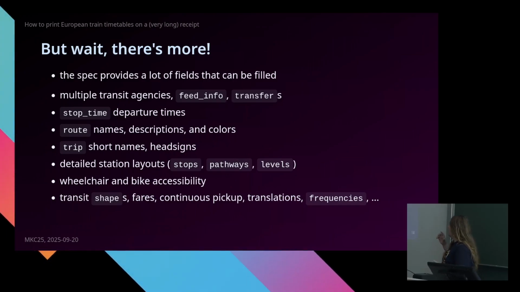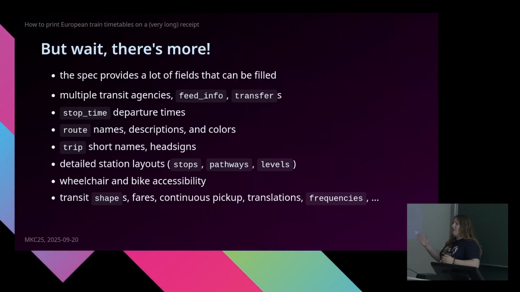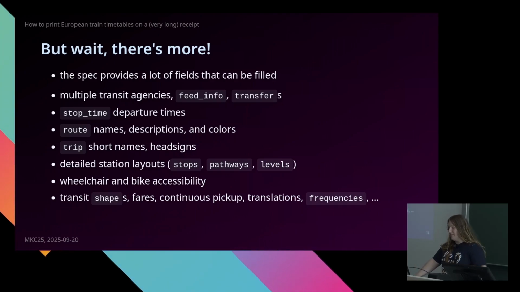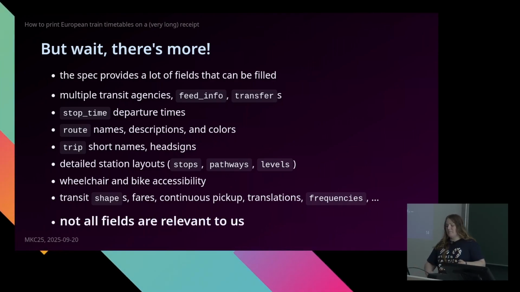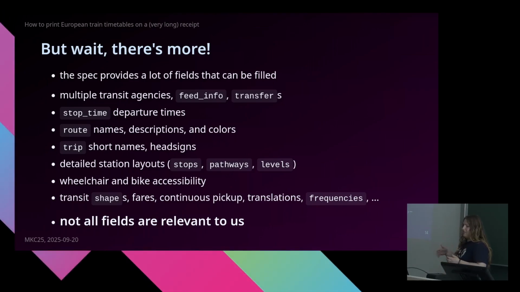It allows for describing scheduled transit that runs on a fixed frequency basis. And while the spec does provide for it, it's basically never used by anyone. So we can pretty much safely leave that out. So not all of this is relevant to us. And so let's see what we can do with the data we get.